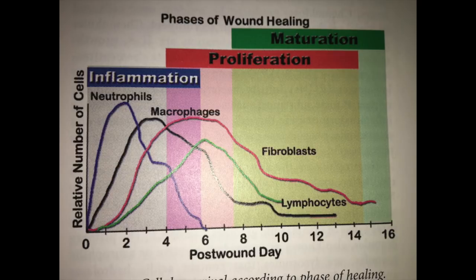You can look at the image on the screen, which shows the phases of wound healing. This process happens for wounds and also happens internally when someone gets injured. There are 3 stages: what we talked about before, the inflammation, the proliferation, and the maturation.